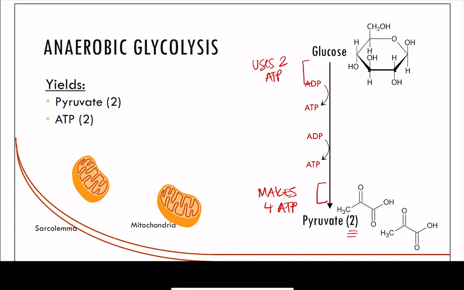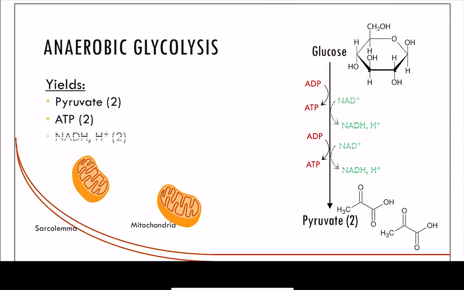So I had that written out in your notes specifically in case that throws you off at all. The reason you net 2 ATP from glycolysis is because you produce 4 and use 2. And then lastly, you yield 2 of these electron carriers, NADH.